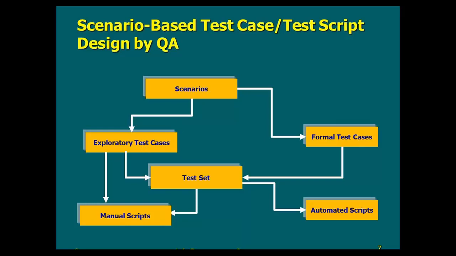That is the flexibility of the approach. You don't have to do all formal testing. You don't have to do all exploratory testing. And if you do some exploratory testing, it is what I consider disciplined exploratory testing. Why? Because you are not just exploring, but rather you are taking scenarios that have been validated by the project team, and you are building exploratory test cases for that.